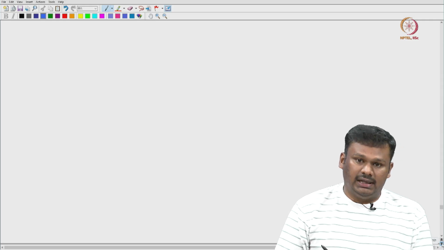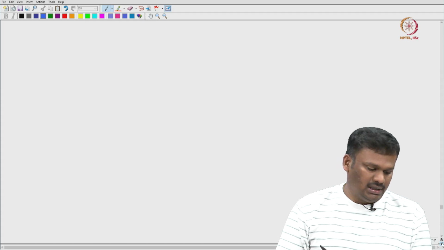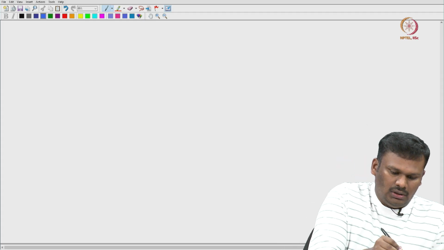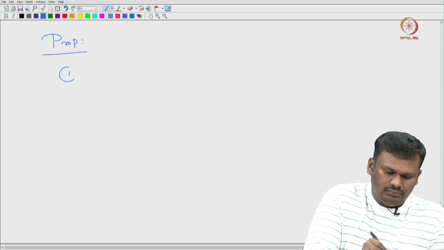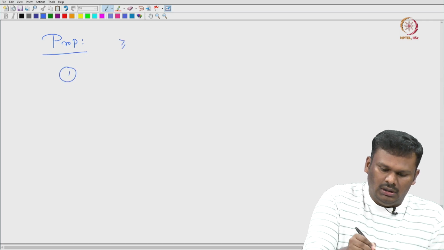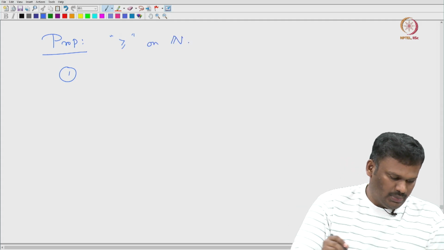It is easy to see that the ordering on N is reflexive, anti-symmetric and transitive. So, let me write it as a proposition. We take the order defined on N and it satisfies the following properties.